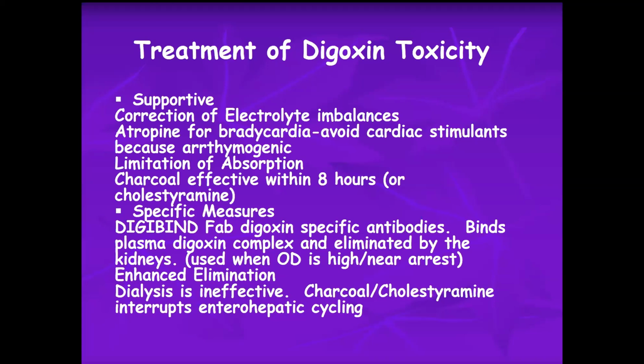Specific measures: Digibind, Fab, digoxin-specific antibodies, bind plasma digoxin complex, and are eliminated by the kidneys. Used in overdoses. And enhanced elimination: dialysis is ineffective in digoxin, so charcoal and cholestyramine interrupt the enterohepatic circulation or recycling.